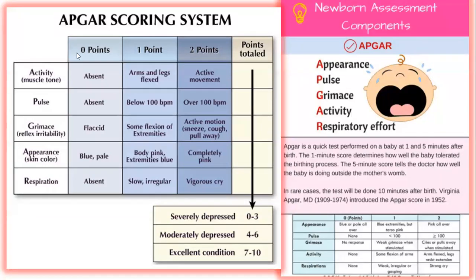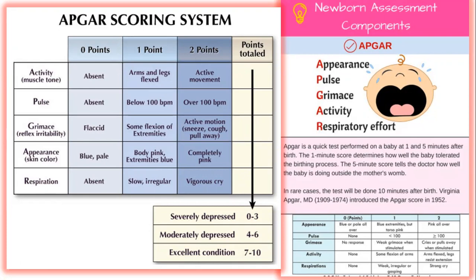And you can see here are the 5 criteria we use to determine the APGAR score. The APGAR score is determined by evaluating the newborn baby on 5 simple criteria on a scale from 0 to 2. So 0, 1, and 2.